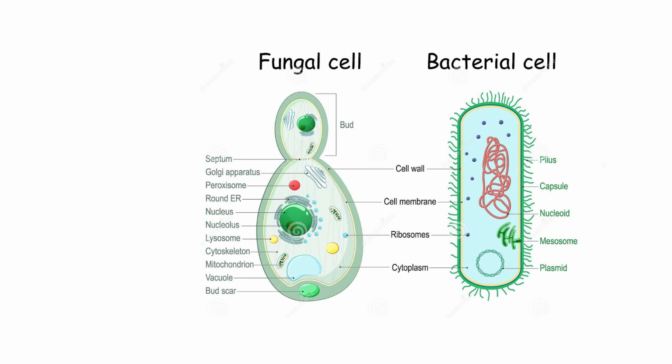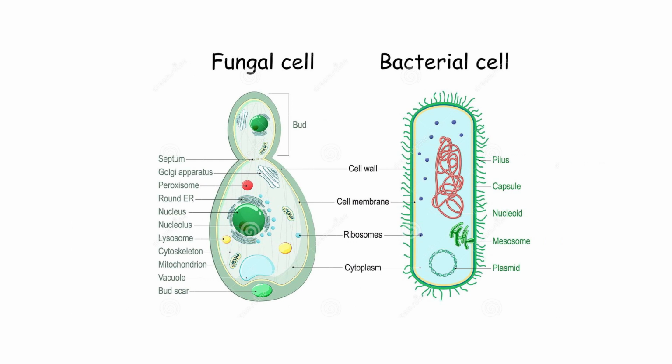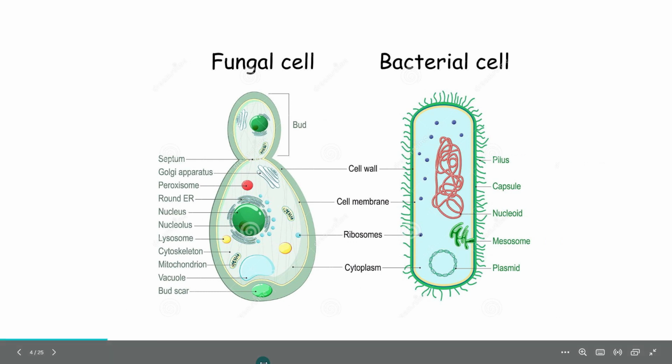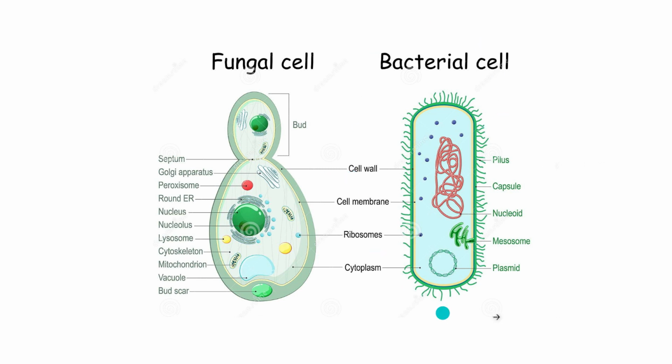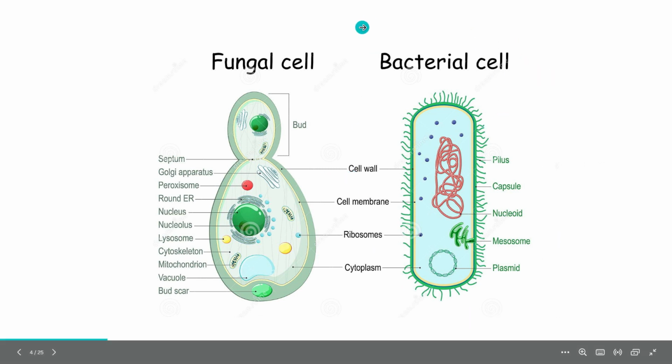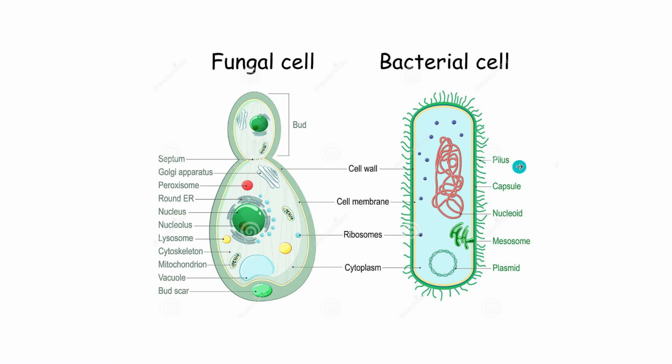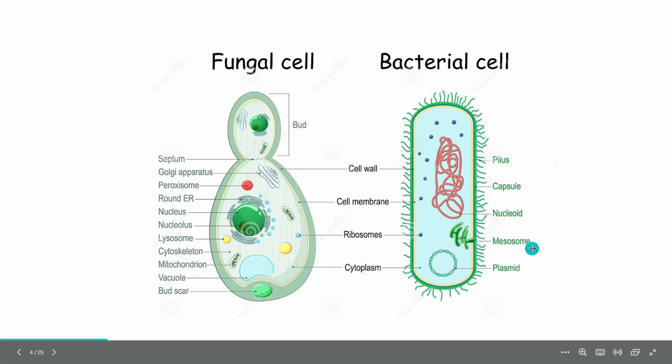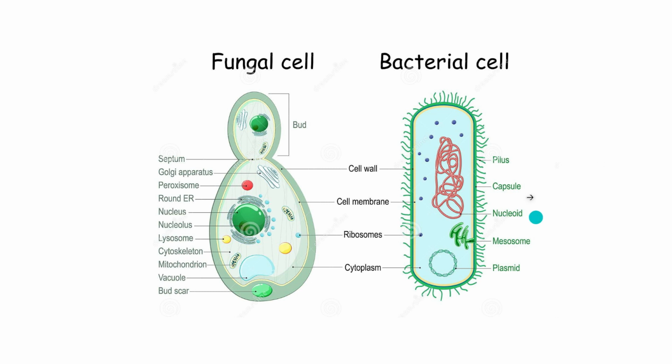If you see the difference between the fungal cell and the bacterial cell, there are major differences between these two cells. The bacterial cell is said to be a primitive cell, which consists of cell wall, cell membrane, ribosomes, cytoplasm, plasmid, mesosome, nucleoid, capsule, pilus.